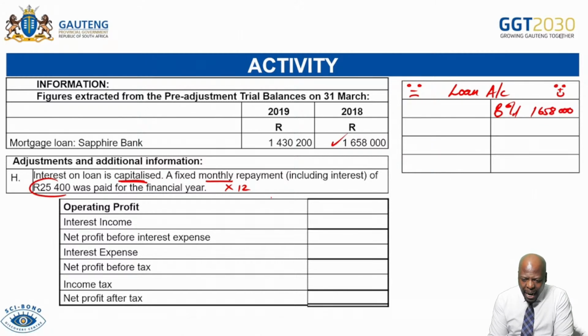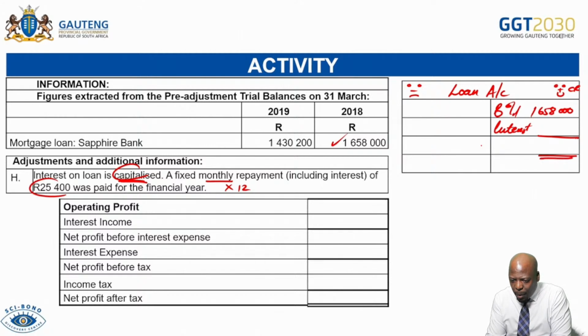Okay. And then I know that interest is capitalized. When interest is being capitalized, that means we are adding the interest. To make it simple, bring your interest to the side with the plus sign. So you simply bring your interest to the credit side. So I'm going to say interest here. Double lines.